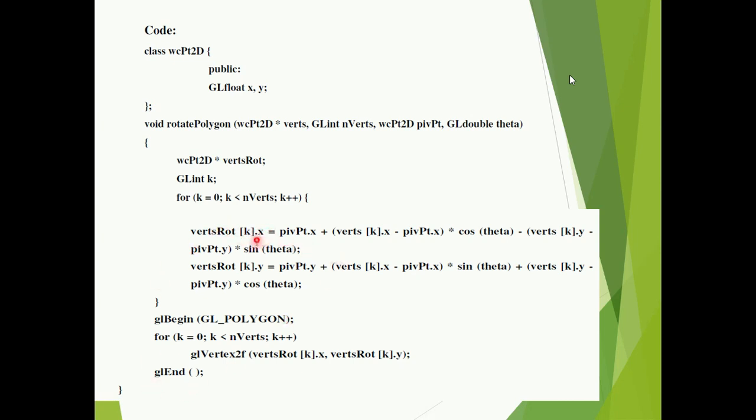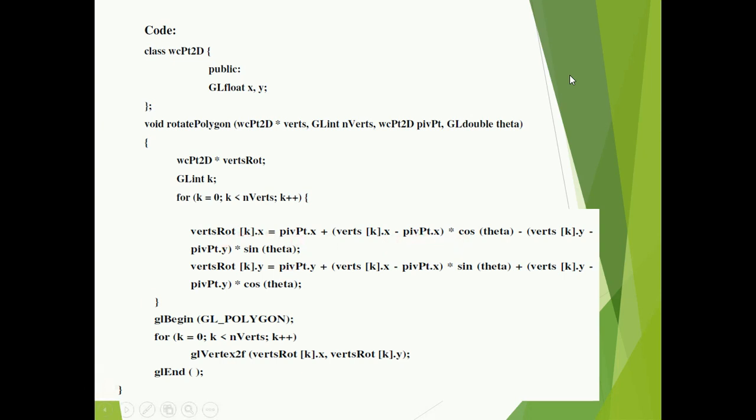X dash is the value xr, or you can say the arbitrary pivot point whatever you choose, plus x minus xr as in the formula. So x minus xr is nothing but the previous vertex value minus xr. This is the formula when you have rotation about an arbitrary point, and the same formula you are going to apply here.